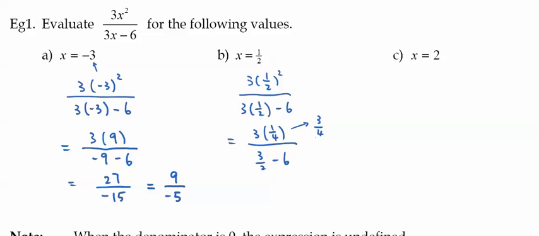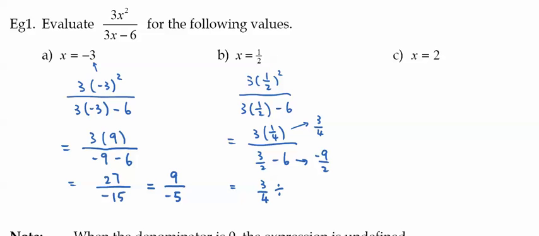You can choose to look at this as a division of two rational numbers, as in 3/4 divided by whatever you see in the denominator. Three over 2 minus 6. Take the common denominator. That's negative 9 over 2.